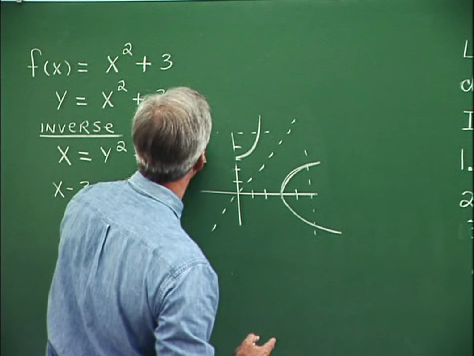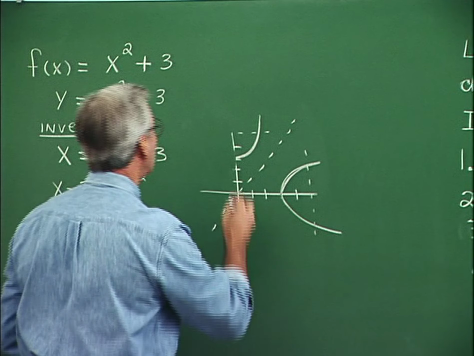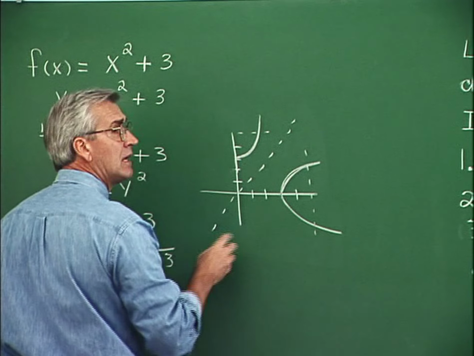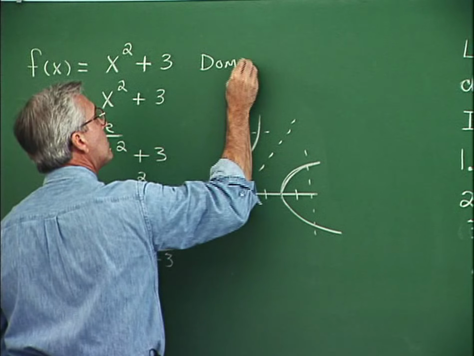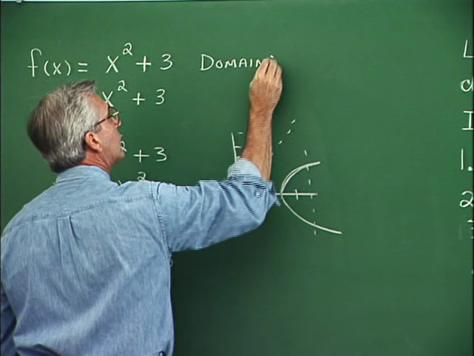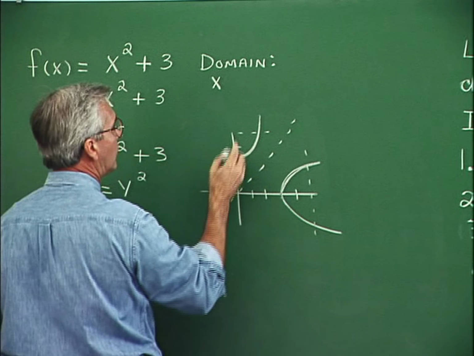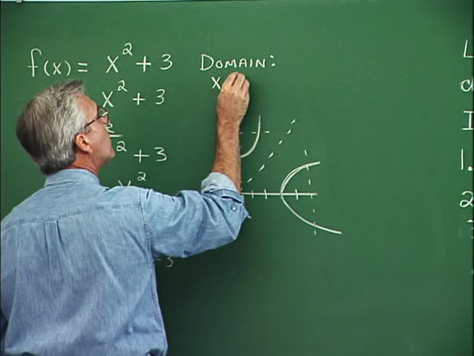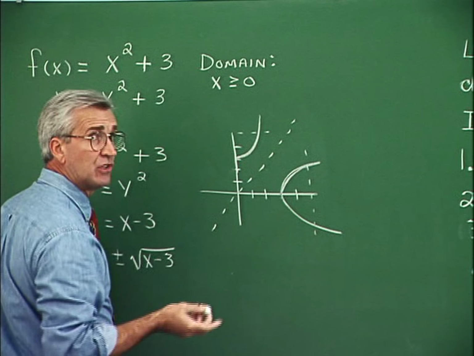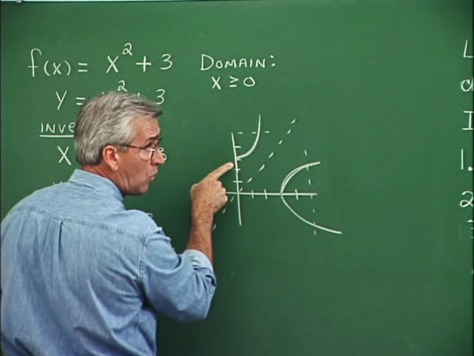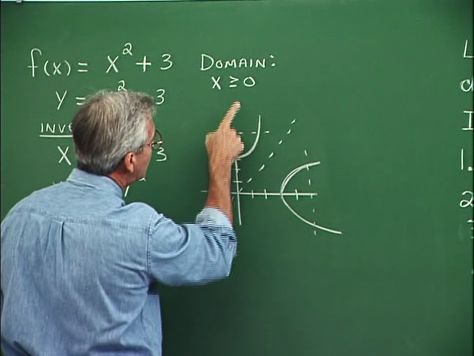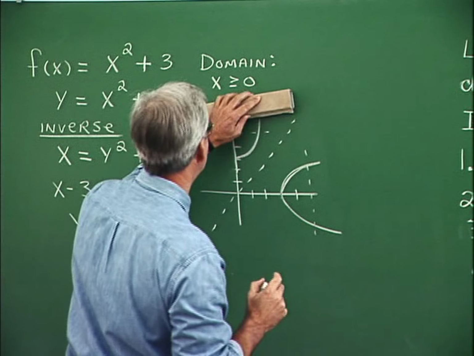Okay, now that translates into a limited domain. If we limit the domain here to x values that are greater than or equal to 0, then that should do it. And notice that the range is, let's see, y is 3 to infinity. So let's see what that looks like.